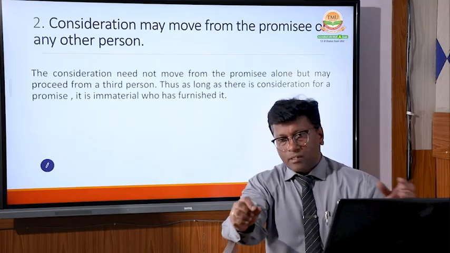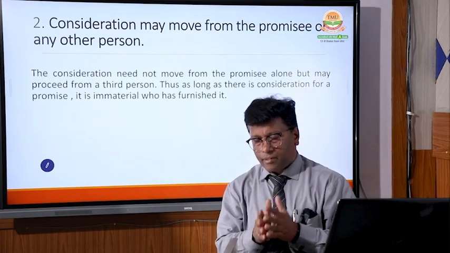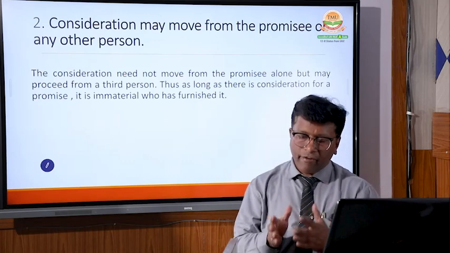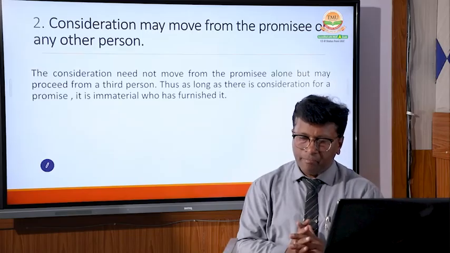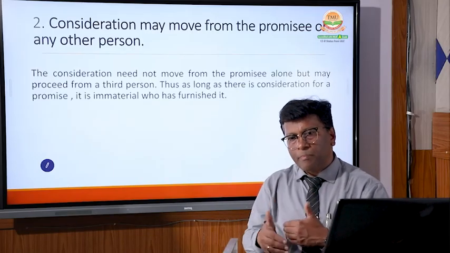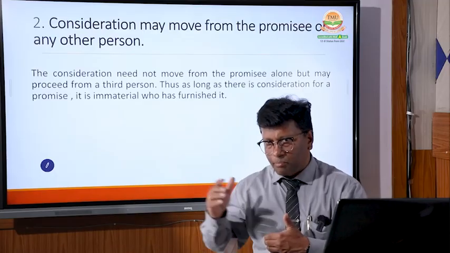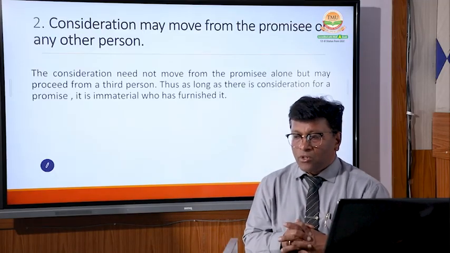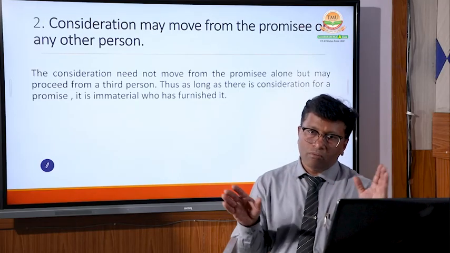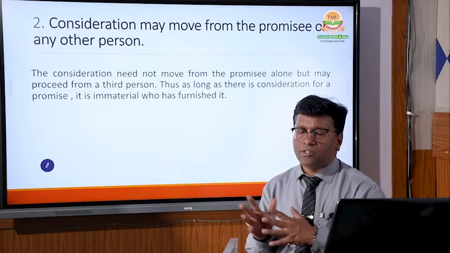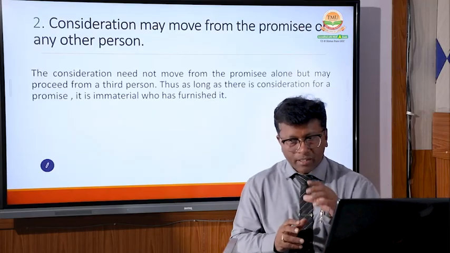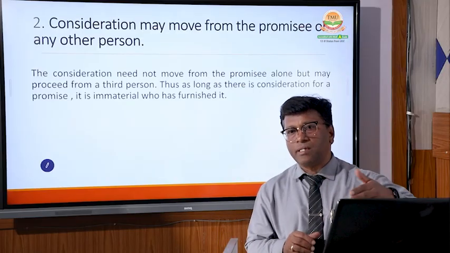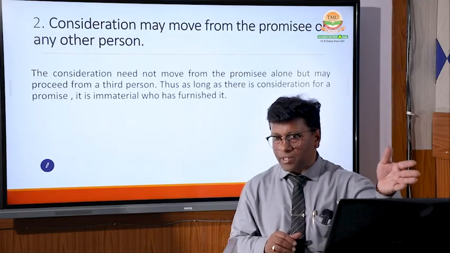So if the daughter of A thinks that there is no consideration because the gift was made by her mother, and now the annuity is to be paid annually to Mr. B, as he is the uncle of that particular girl, or if the girl thinks that there is no consideration, consideration is there, because the consideration has been given by Mrs. A, right?